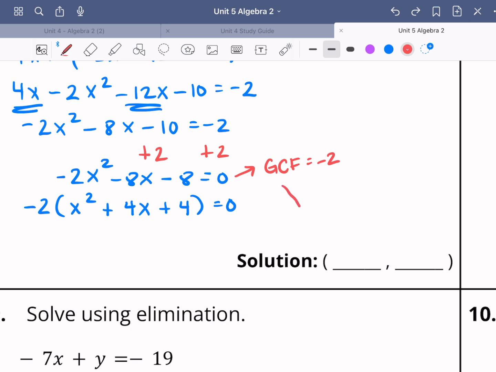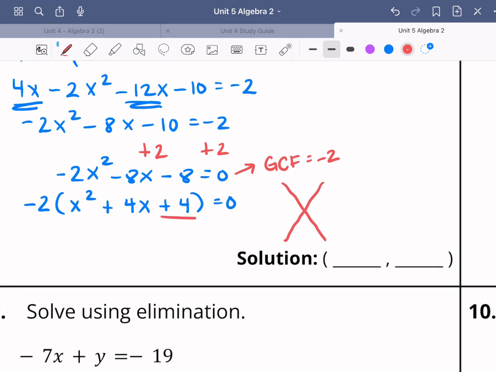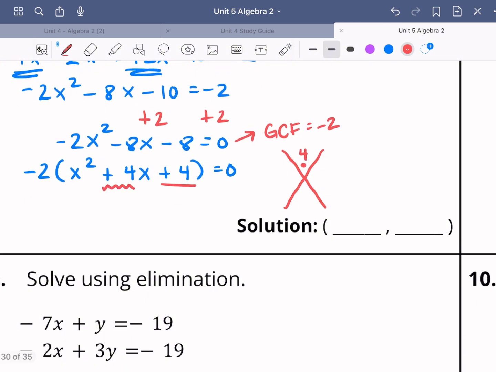So I'll use my diamond method. I need numbers that are going to multiply to 4, but also add to 4. And it's just coincidence that they're both a 4 in this case, but it does turn out to be 2 and 2. So we have negative 2 and then x plus 2, x plus 2.